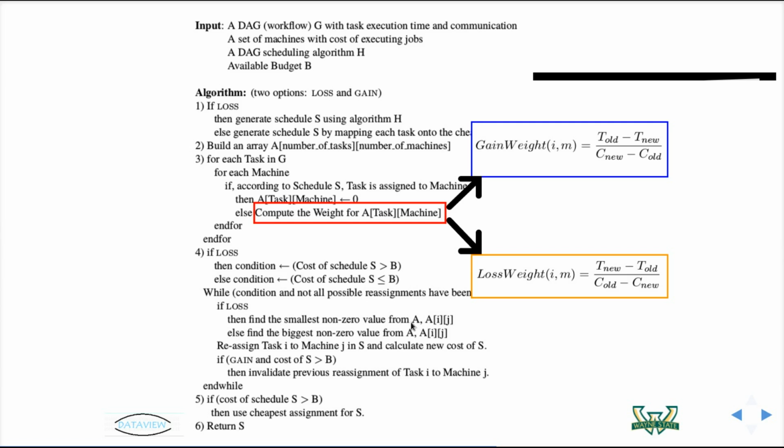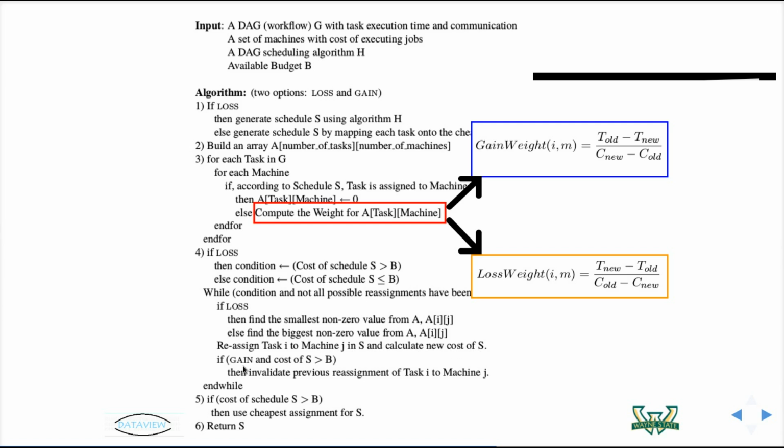Because in fact the tasks are reassigned by considering the smallest value of the loss weight. If we use gain, we find the biggest non-zero value from A, and we will reassign task i to machine j in the schedule, and we will calculate the cost of the schedule.